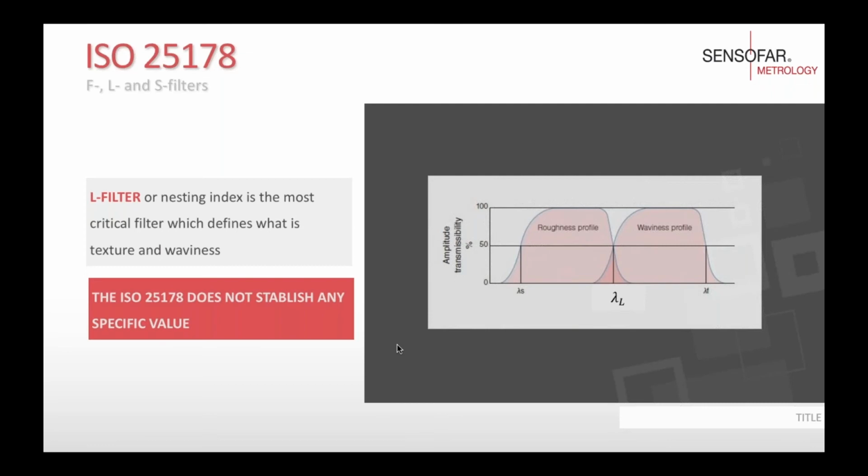Of course, we're going to have a different L filter for a dental implant than for lenses. And that's the reason why the ISO 25178 is not establishing any specific value for the L filter. So that means that it needs to be us who understand our sample very well and then apply the L filter that we need in our specific case.